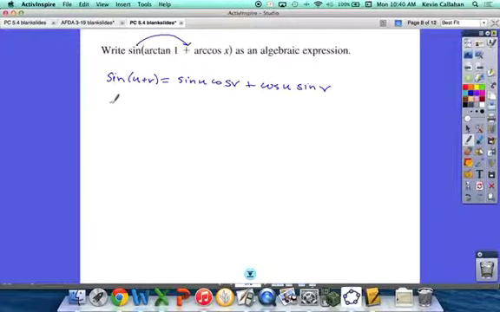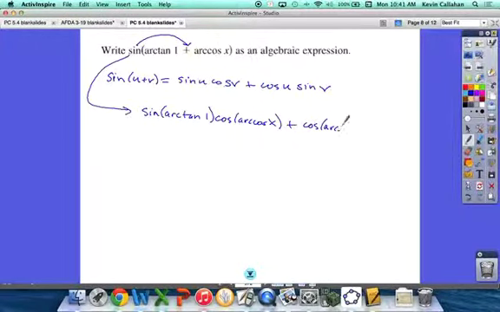So this is going to look like this: the sine of the arctan of 1 times the cosine of the arc cosine of x, plus the cosine of the arctan of 1 and the sine of the arc cosine of x.